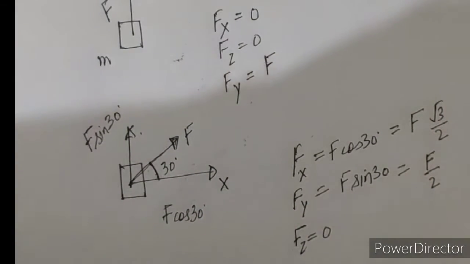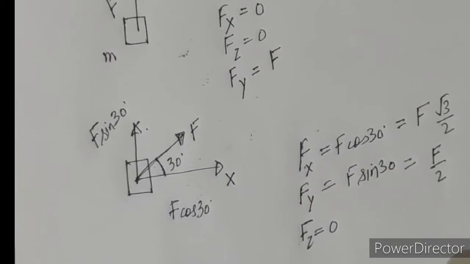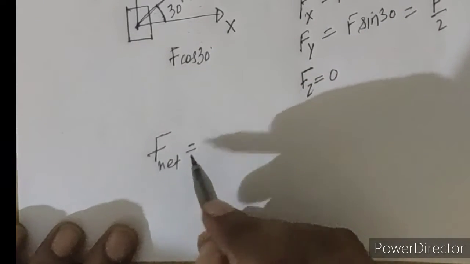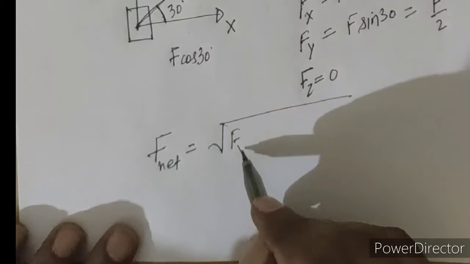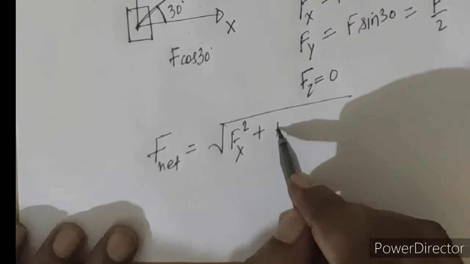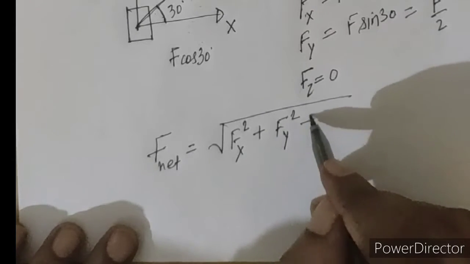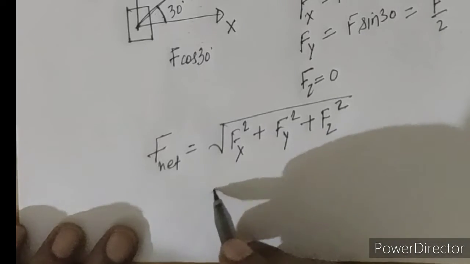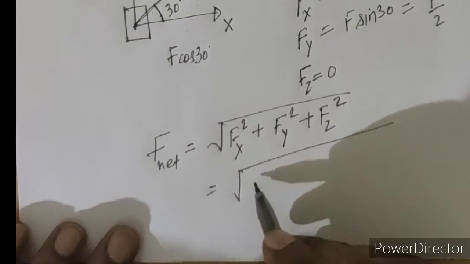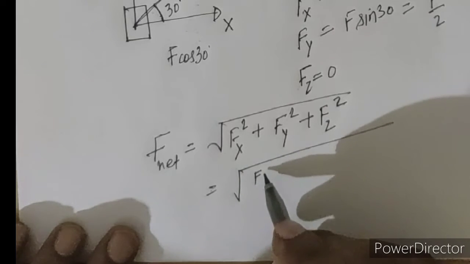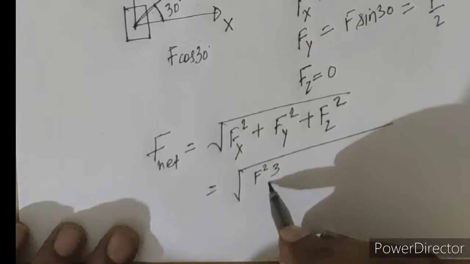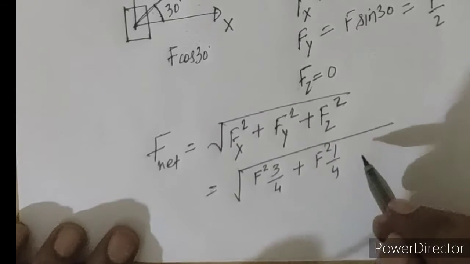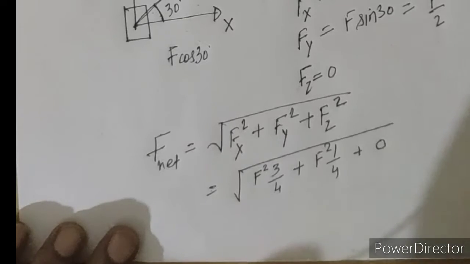Now say we want to calculate the net force. The formula for calculating the net force is under root of F component x square plus F component y square plus F component z square. Now if you square it, you get F square 3 by 4 plus F square 1 by 4 plus z component is 0.